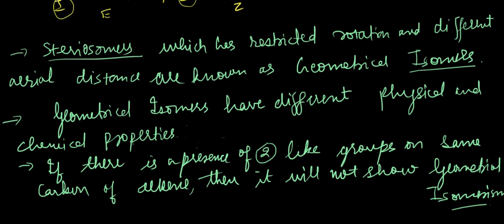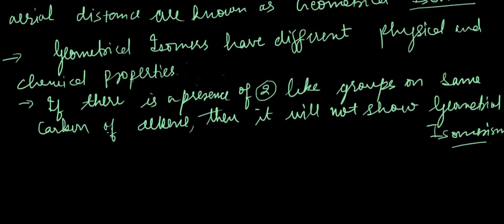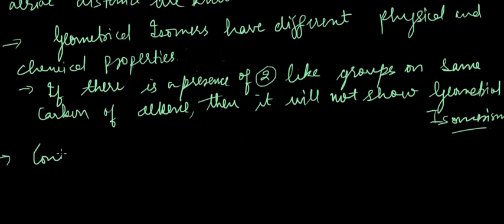Okay, so what are actually conformers? Let me write down about conformers. Conformers are stereoisomers which are formed by rotation across a sigma bond.